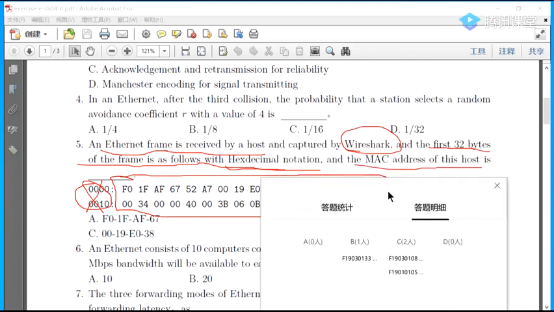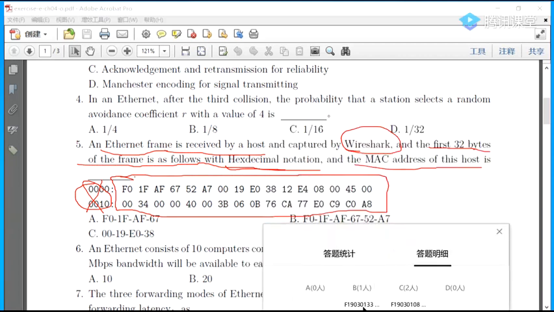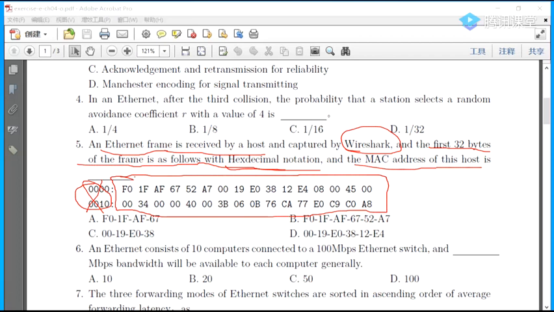B is correct. First, the length of a MAC address.